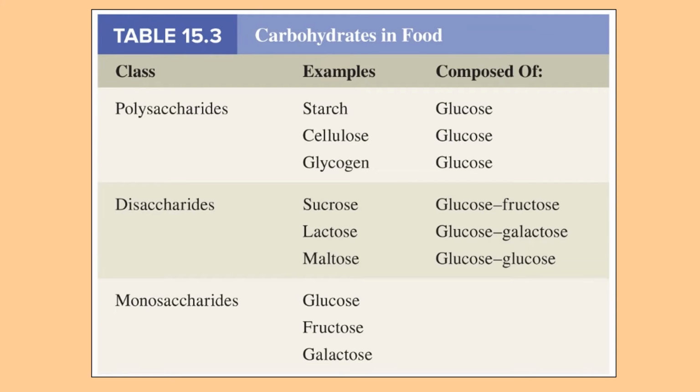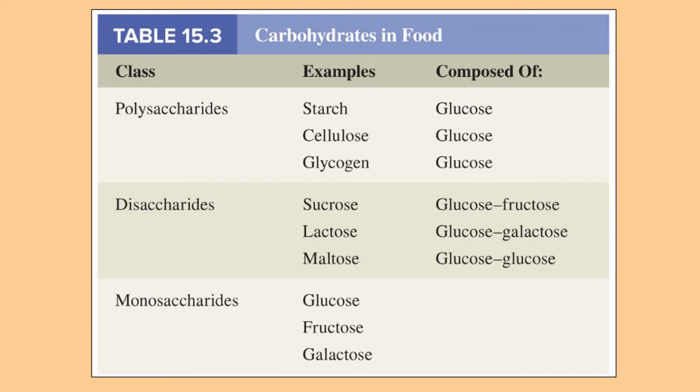So here we can take a look at the chemical makeup of various carbohydrates that we find in food, and they're listed by size, right, from largest to smallest. Polysaccharides include starch, cellulose, and glycogen, and the monomer building block of all of those is glucose.